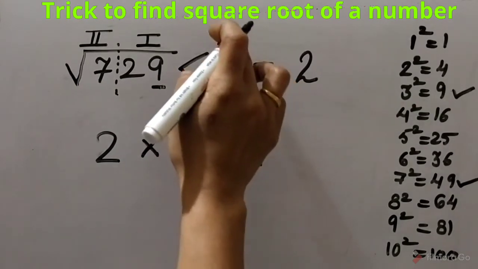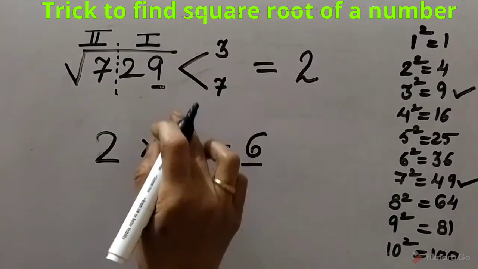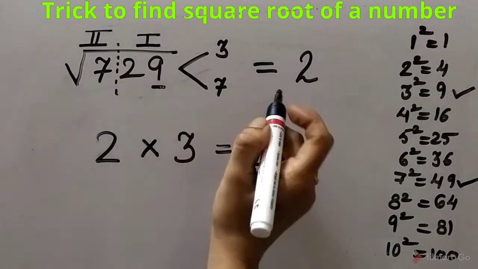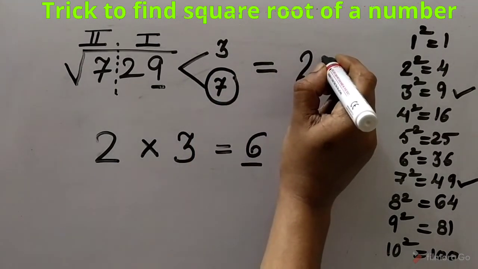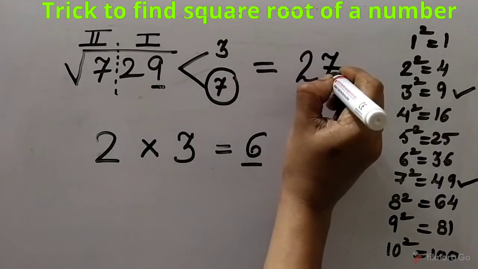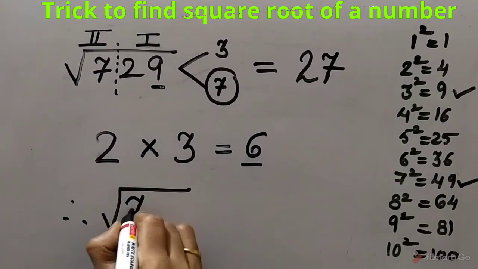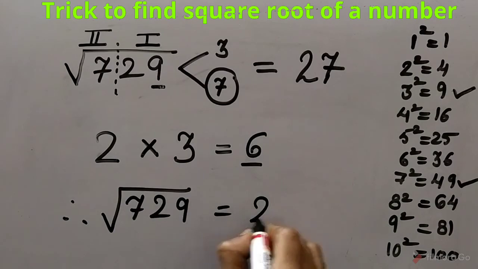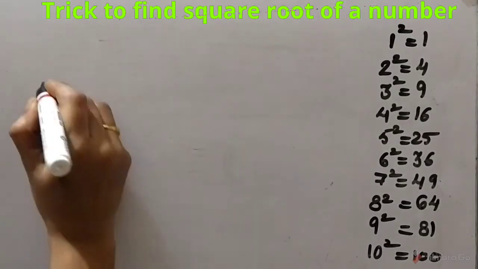So out of these 3 and 7, as 7 is greater, you have to select the greater number. And here the greater number is 7. So your answer units place digit will be 7. So what is the square root of 729? 27. Let's take one more example.